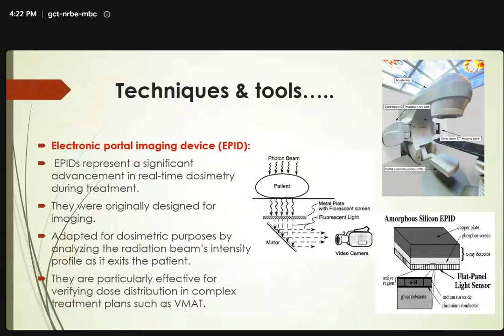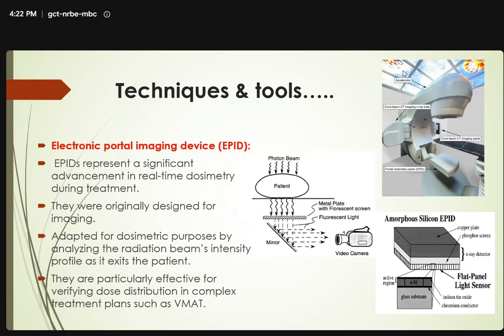Next is electronic portal imaging device, the EPID. So we are seeing this almost everywhere in the Linac setup, and they represent a significant advancement in real-time dosimetry during the treatment. They were originally designed for imaging, but adapted for dosimetry purposes by analyzing the radiation beam intensity profile as it exits the patient.